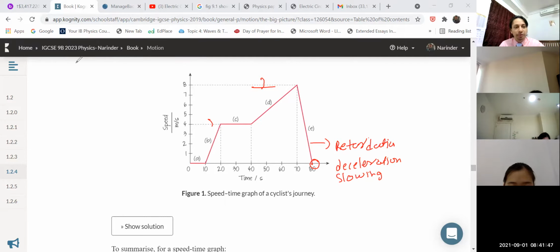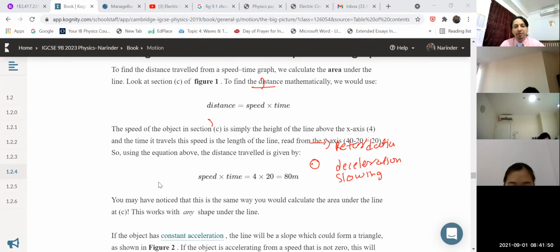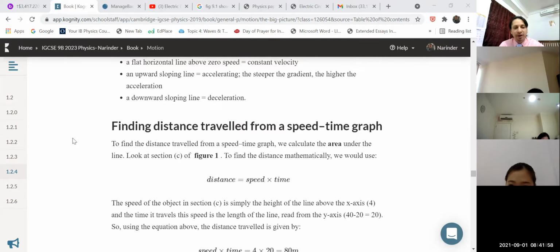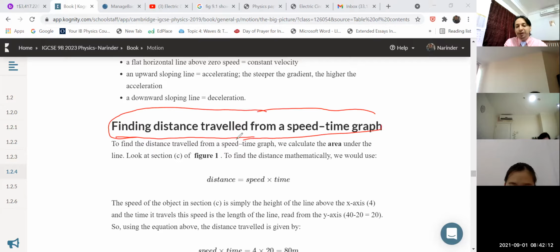Now, children, let me move to the next point. From the speed time graph, we can calculate a few important things that you have to remember. It's a very important point. We have 2.5 minutes. I want to complete this topic here. Find distance traveled from a speed time graph. First, very, very important information, children. If someone gives you a speed versus time graph, you can calculate the distance.